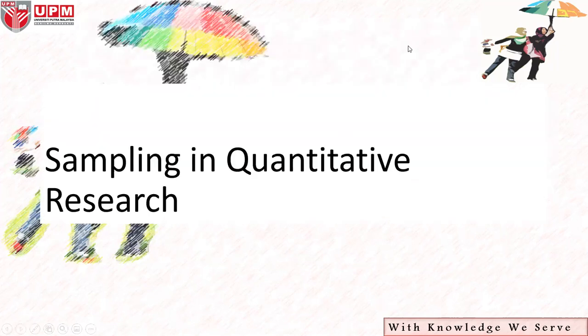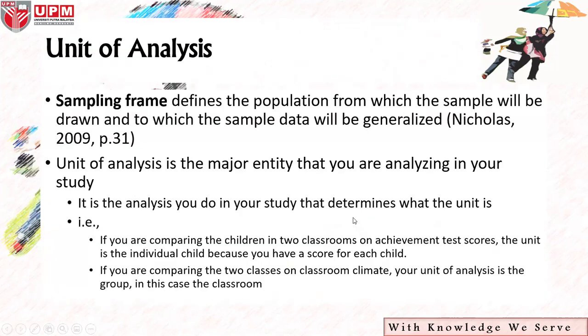Okay, first we proceed with sampling in quantitative research. So first saya kenalkan dulu dengan perkataan unit of analysis. Unit of analysis. First, sebelum tu anak dia lagi, sampling frame. Okay, kerangka persampelan. Sampling frame defines the population from which the sample will be drawn and to which the sample data will be generalized.